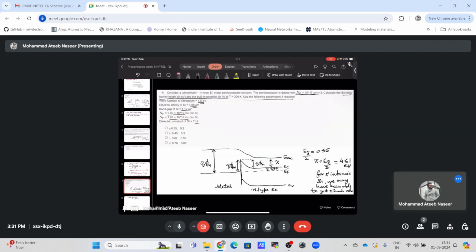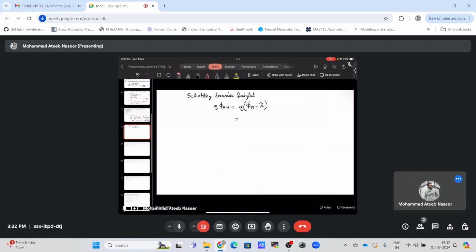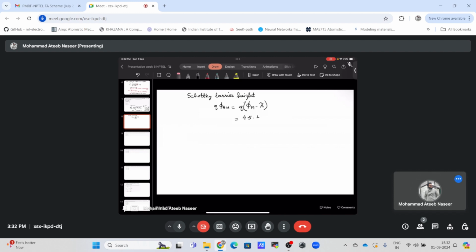It is simply Q times phi m, which is 4.5, and the electron affinity is 4.05.